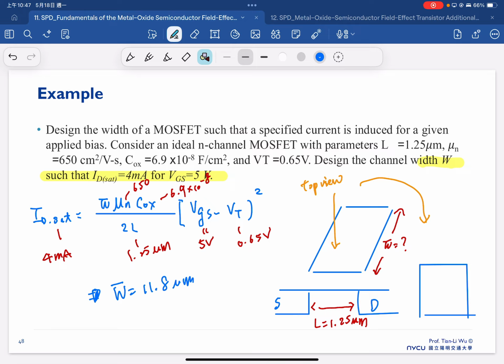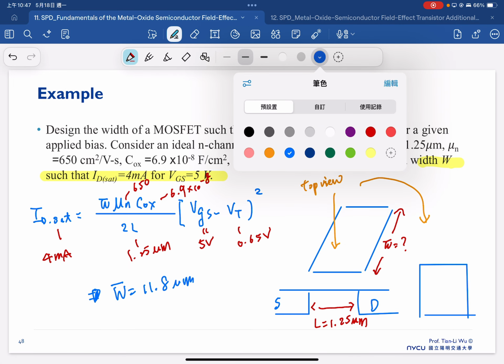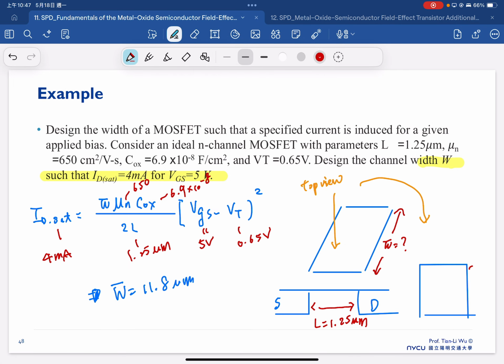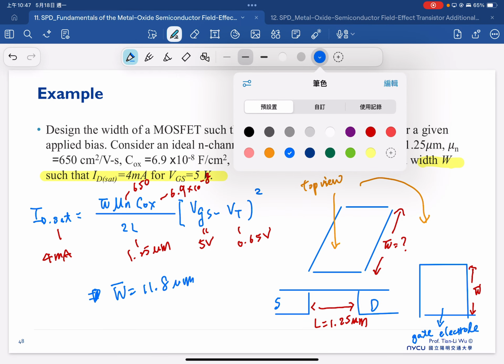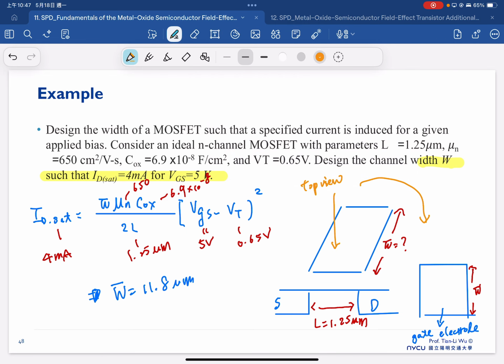So we will mainly design this square, which is the W here, and this blue square, which is normally considered as the gate electrode. So this is what we are doing day to day to design the layout.